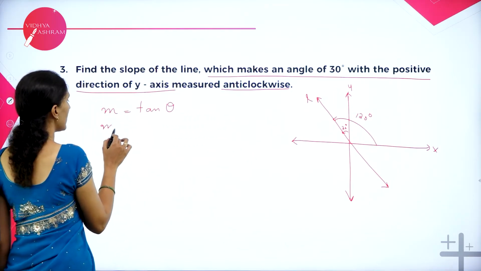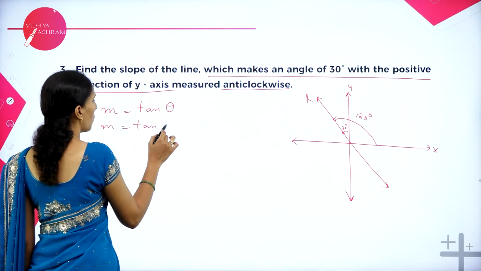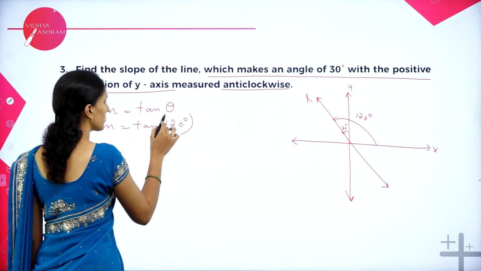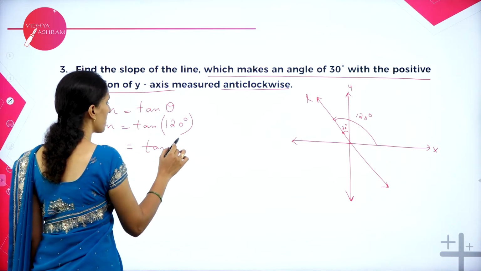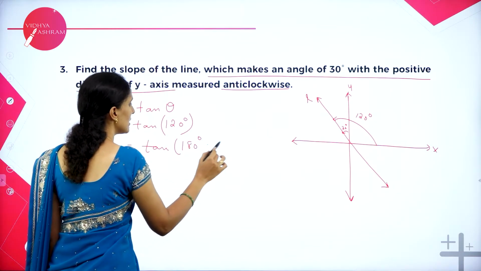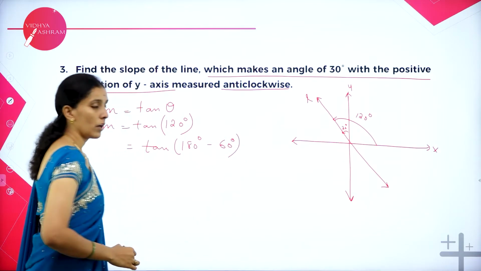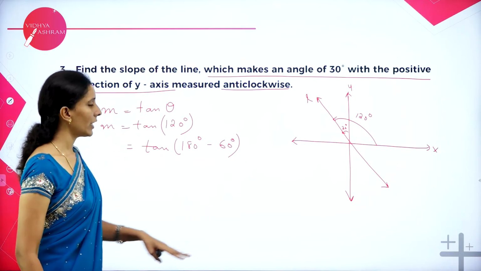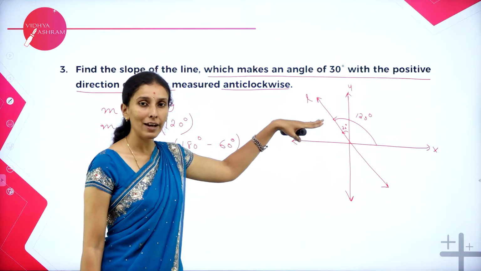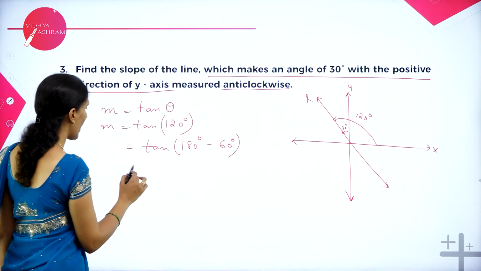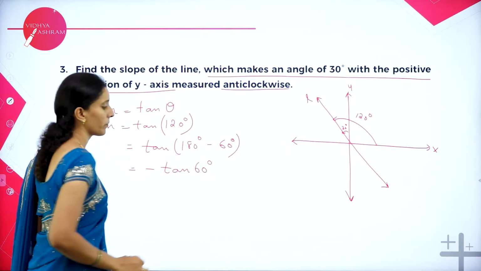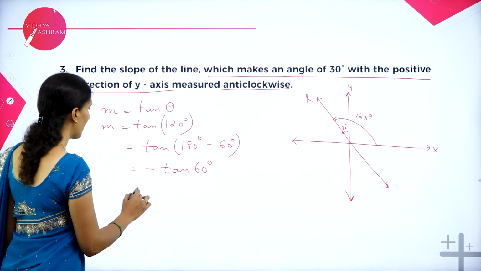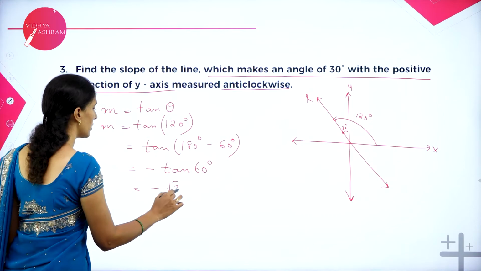Therefore here m is equal to tan 120 degrees. I can write tan 120 degrees as tan of (180 minus 60) degrees. In the second quadrant, the value of tan is negative, so I can write this as minus tan 60 degrees. Therefore, my value is minus root 3.